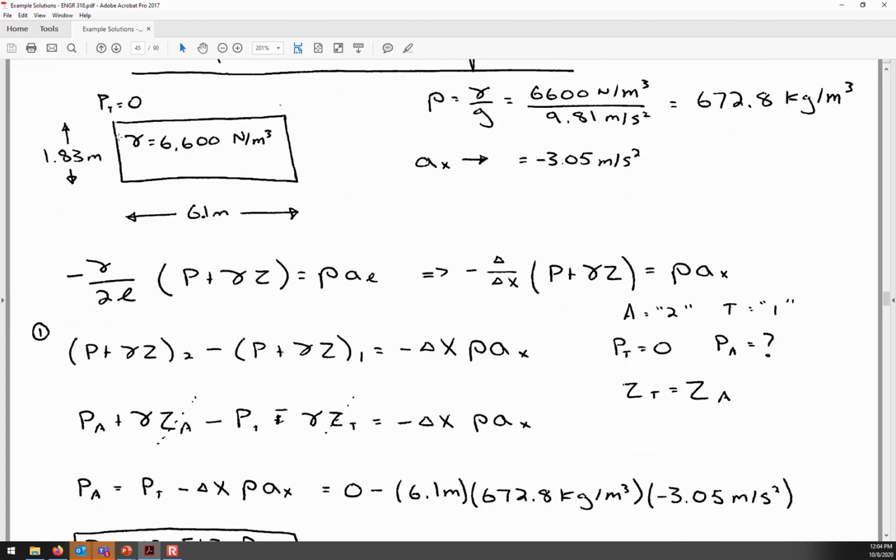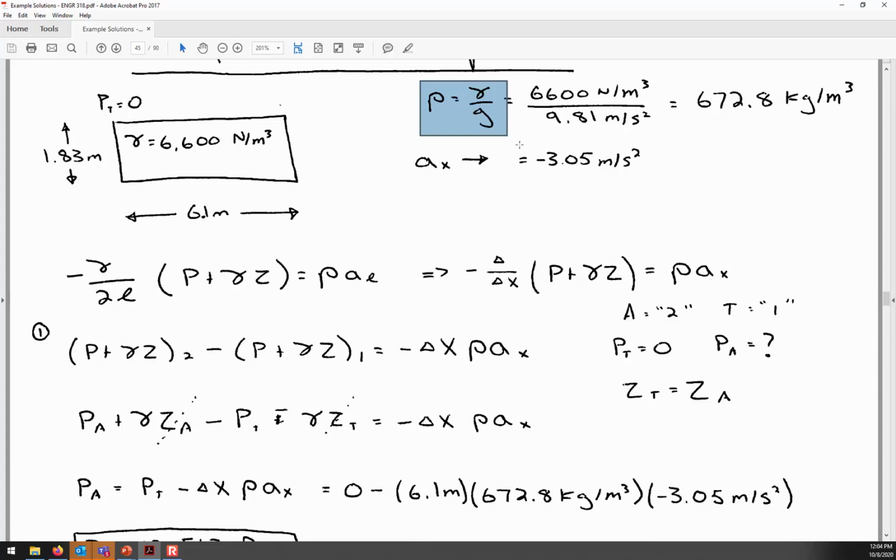So we've got this tank of gasoline, and here is location 1, here is location 2. And we can determine the density of the gasoline by dividing the unit weight by G. And so this gasoline has a density of 672.8 kilograms per cubic meter.